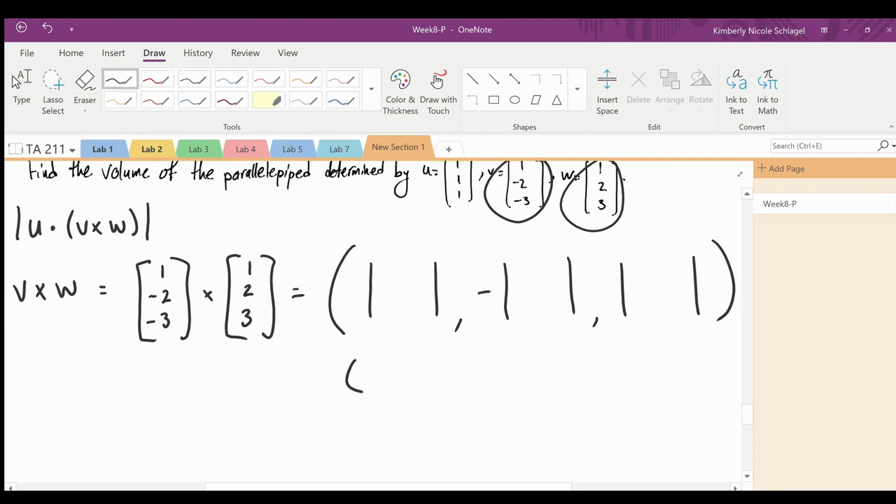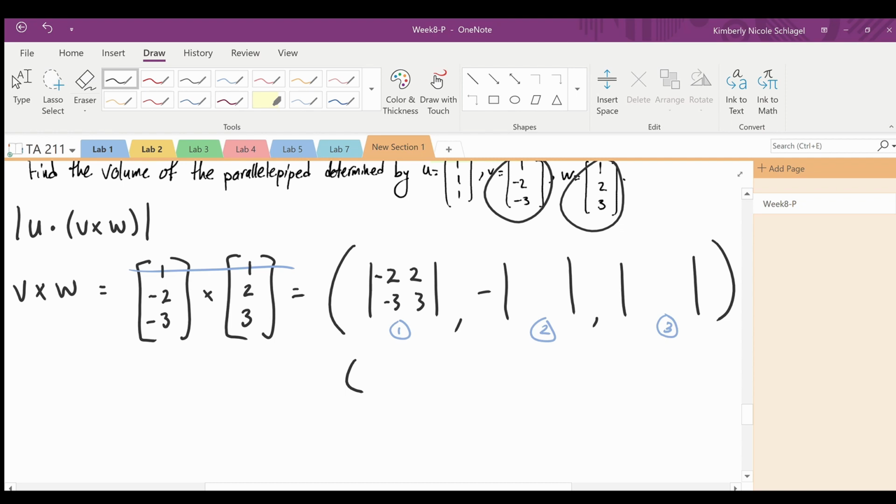Remember, if we're finding the cross product, for the first one we have 1, 2, and 3. We ignore the first column, and we go -2, 2, -3, 3.